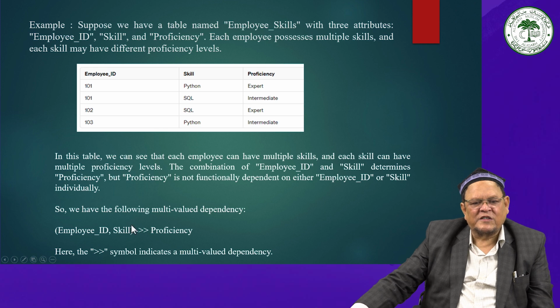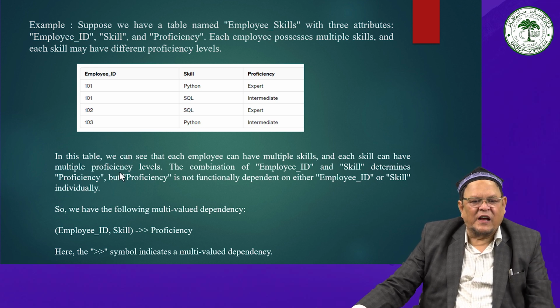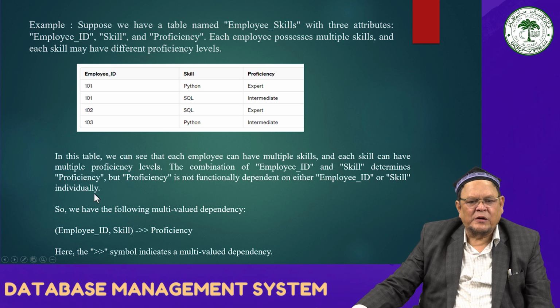In this table, we can see that each employee can have multiple skills, and each skill can have multiple proficiency levels. The combination of employee ID and skill determines the proficiency, but proficiency is not functionally dependent on either employee ID or skill individually.